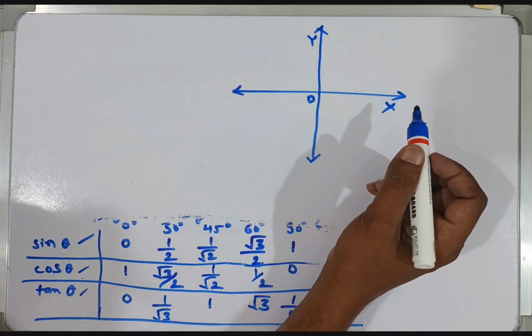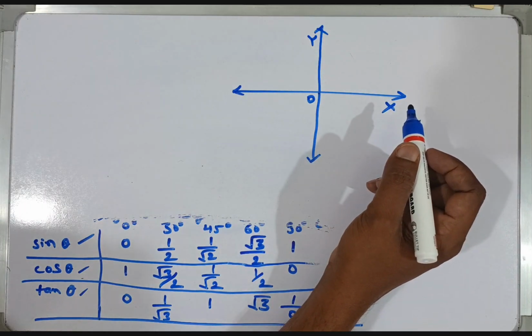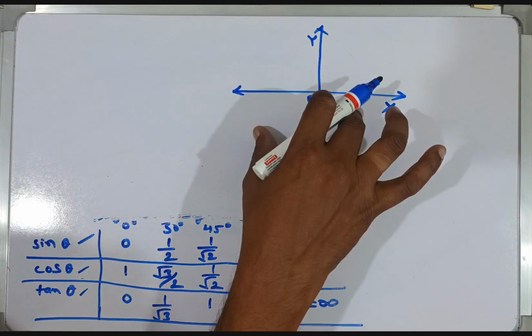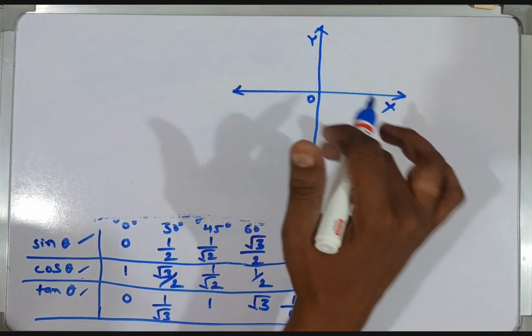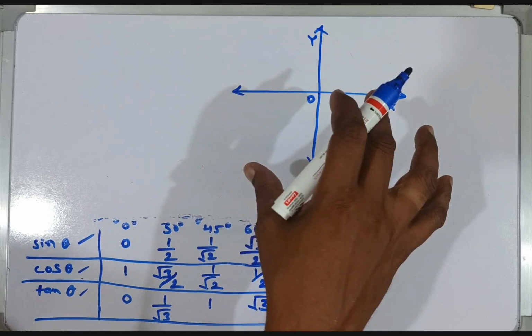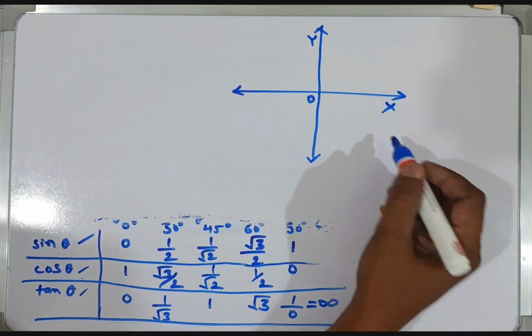These two lines divide this whole area into four parts.